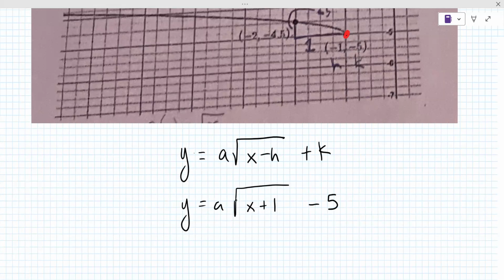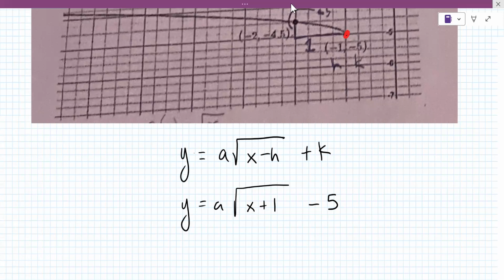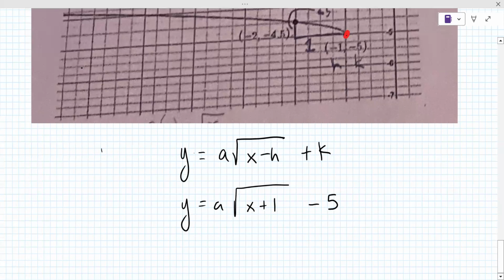Then you have to use one of the other points too. Let's see, -2 and -4.5 seems a little easier than the other. So we have -4.5 equals.